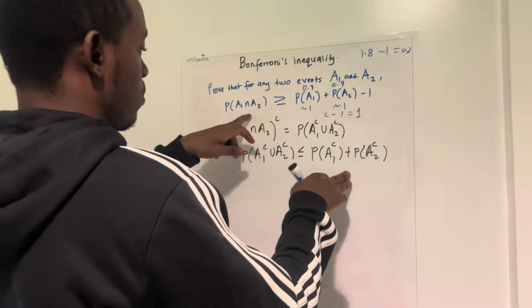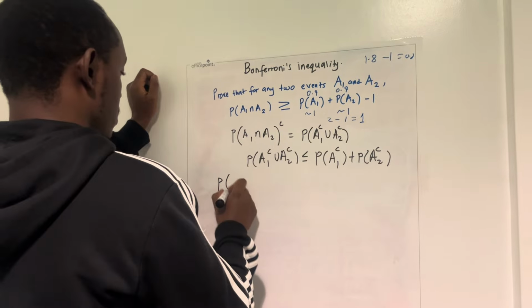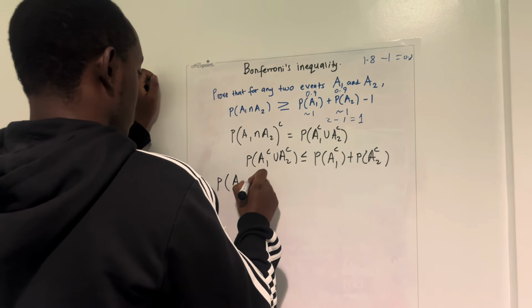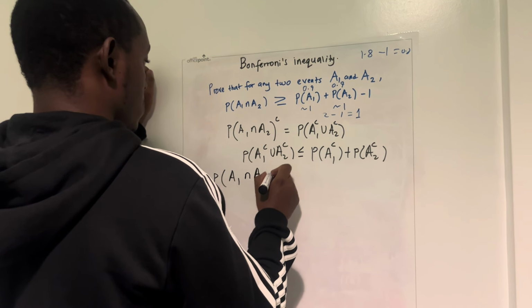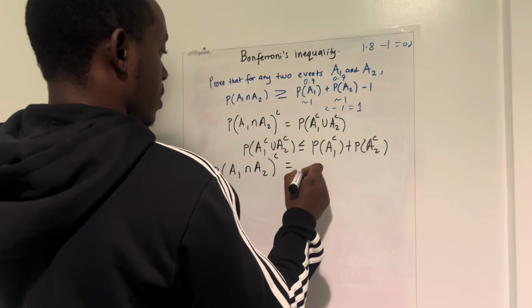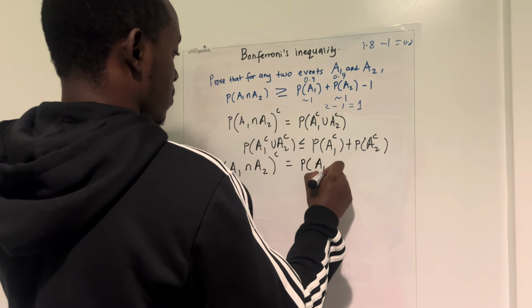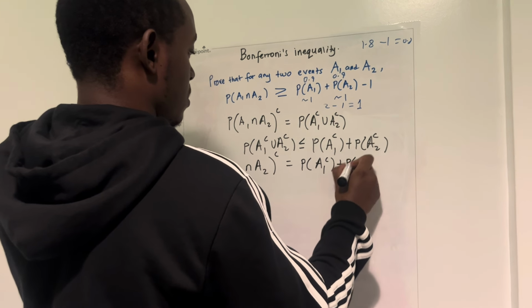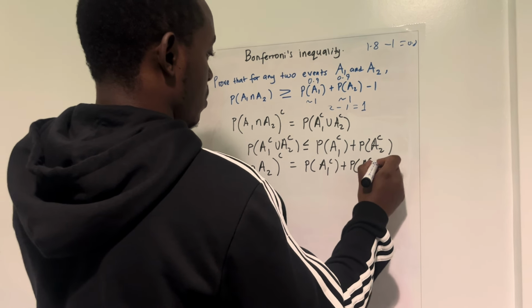That means this is equal to this. So the probability of A1 intersection A2 complement is less than or equal to the probability of A1 complement plus the probability of A2 complement.